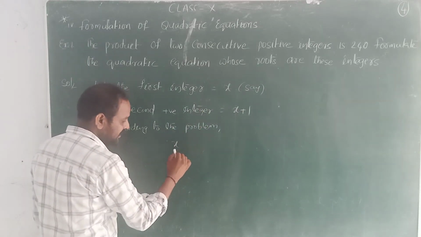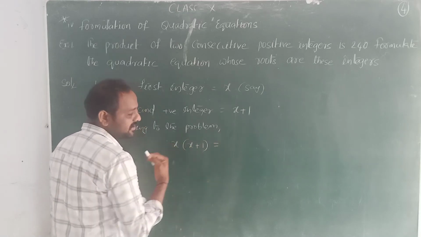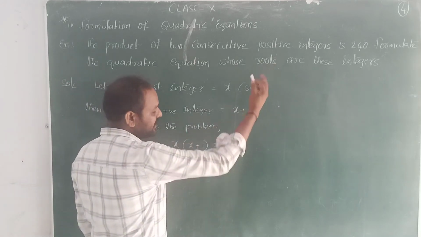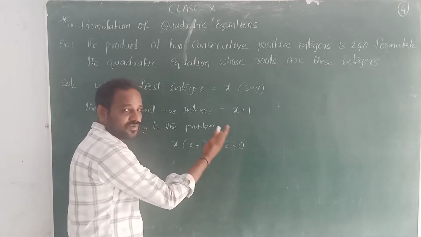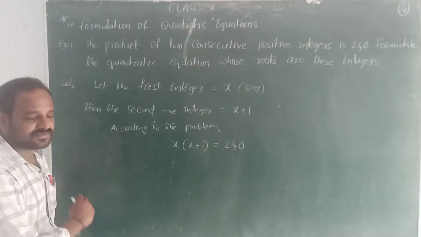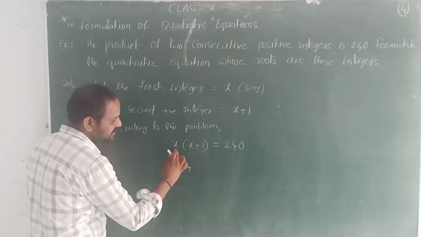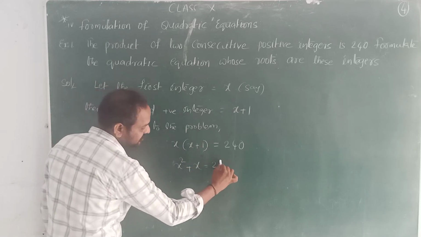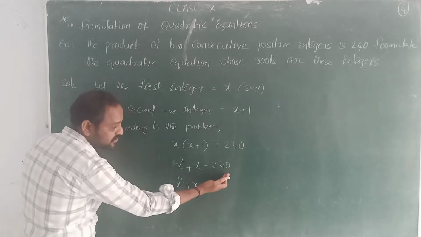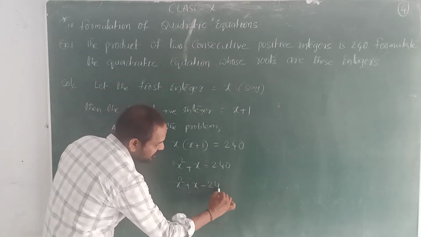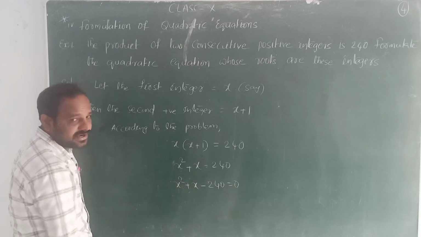Product means multiplication, so x into x plus 1 is equal to 240. By doing multiplication, x square plus x equals 240. By transposing, x square plus x minus 240 is equal to 0. Therefore, this is the required quadratic equation.